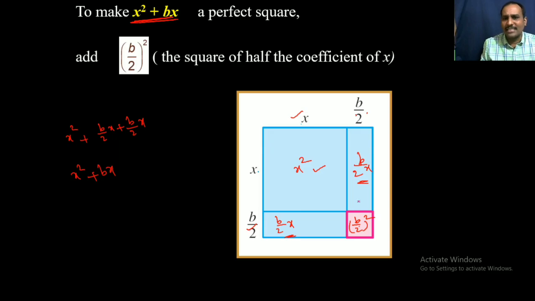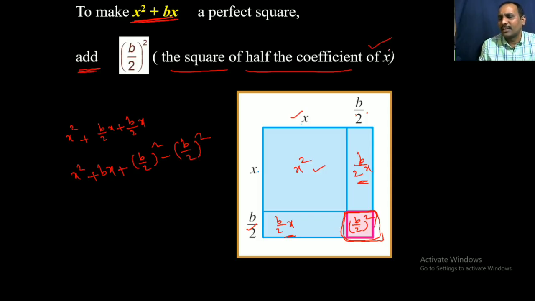So what is missing in this? This part, b by 2 whole square, is missing. Therefore, we have to add b by 2 whole square and subtract it, so that the given expression will become a perfect square. So here, add b by 2 whole square, the square of half of the coefficient of x.